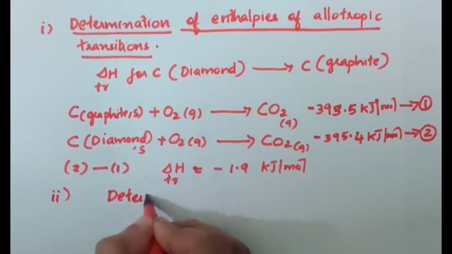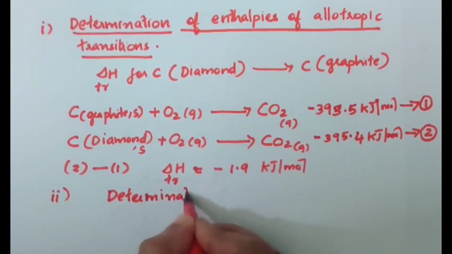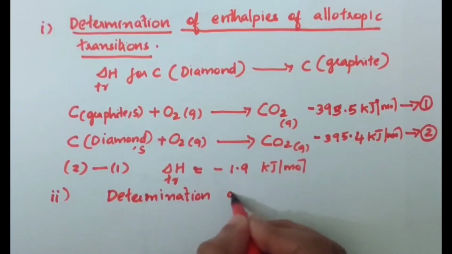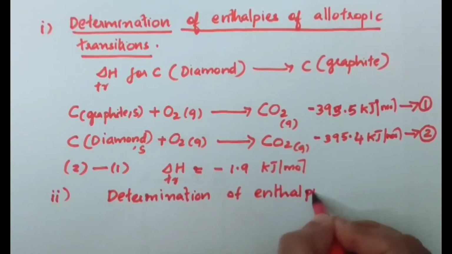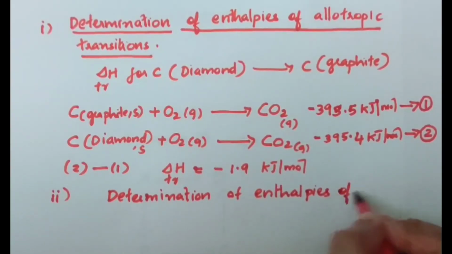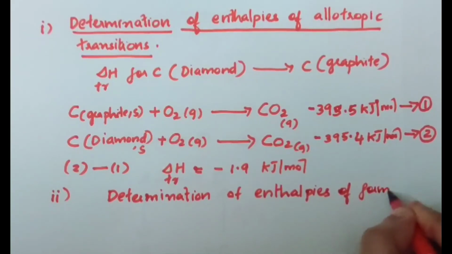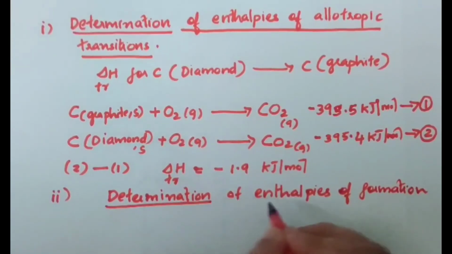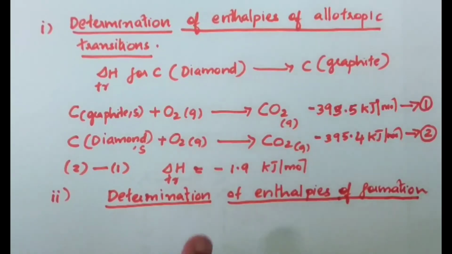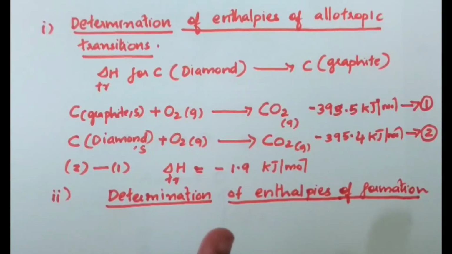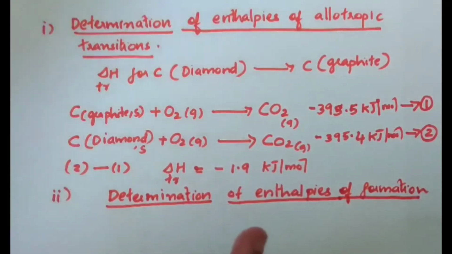Determination of enthalpy of formation of carbon monoxide, which cannot be directly measured. We can calculate it with the help of Hess's law.